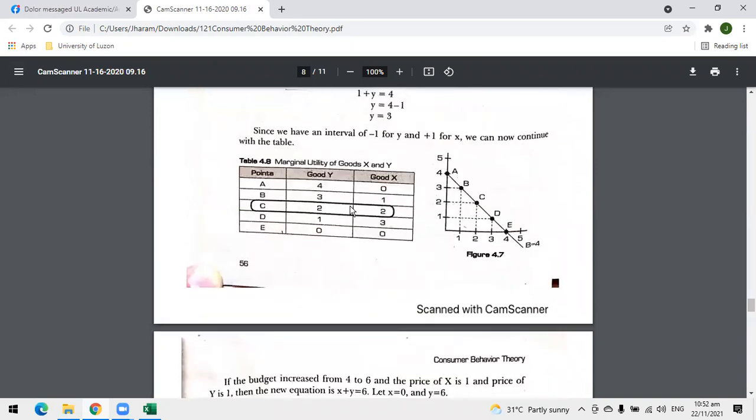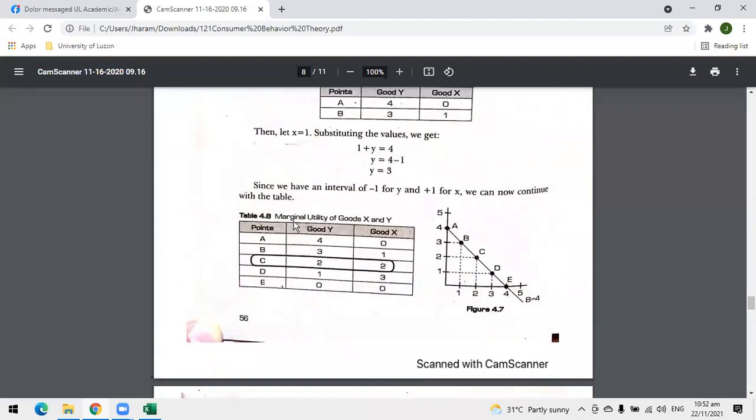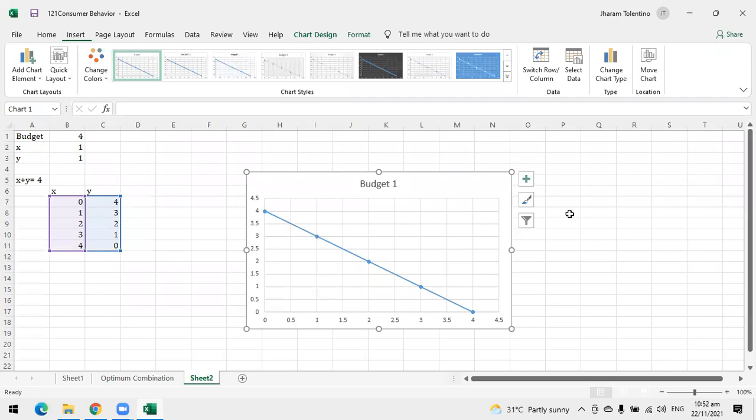Hindi marginal utility ito eh. Dapat indifference curve ito. Copy lang natin to ah. This is the indifference curve dapat. Parang pangit yung pagkakasabi ng marginal utility. Points A, B, and C, good Y and good X.